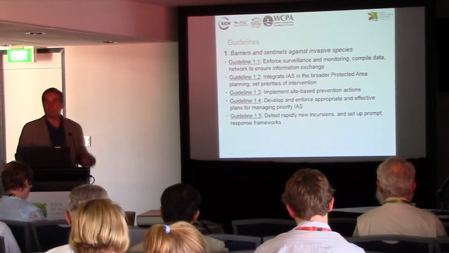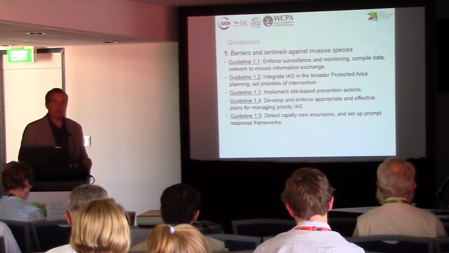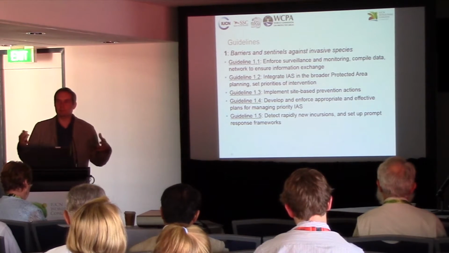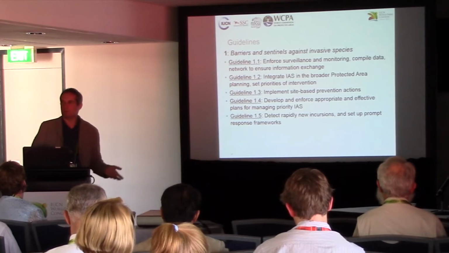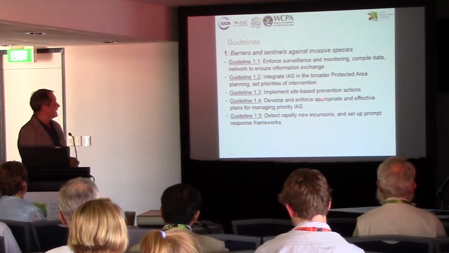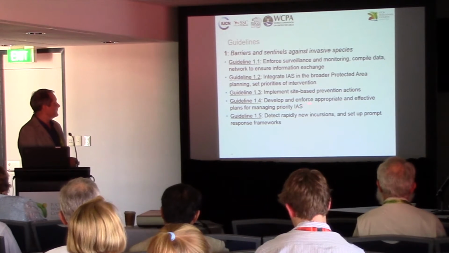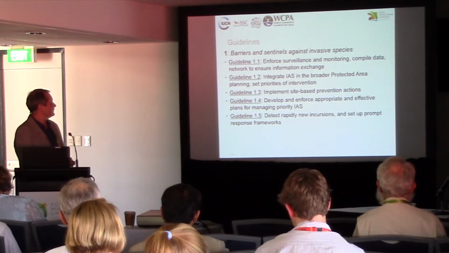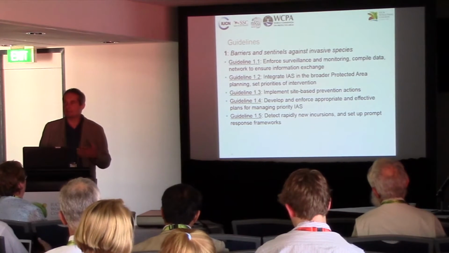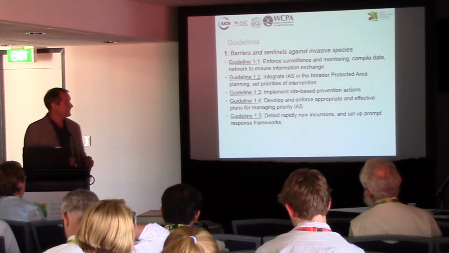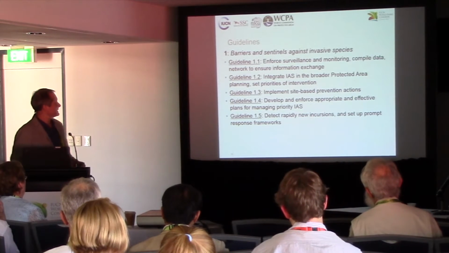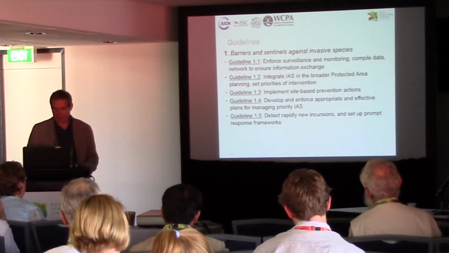Implement prevention whenever possible. In many areas, for example in urban contexts, protected areas can be an entry point for invasive species. So we need to focus also on prevention, not only on response. Develop and enforce appropriate and effective plans for managing priority invasive species. The example that we have on islands is crucial. We need to learn from the experiences, and then detect rapidly new incursions and set up prompt response frameworks.